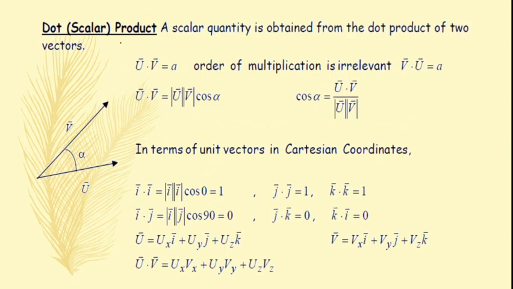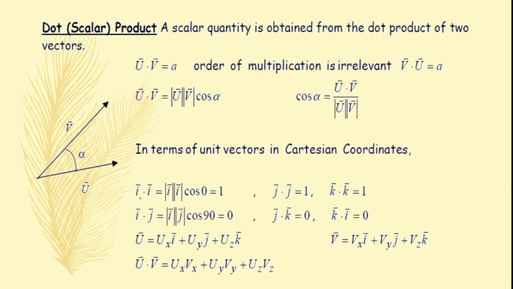Now this thing is written here, that from this dot product a scalar quantity is obtained. Actually, if we take the dot product between two vectors, similar to the previous case, if this one is a u vector and this one is a v vector, and the angle between them is alpha, then we can write that u dot v is equal to mod of u into mod of v into cos alpha, and we can find out the cos alpha in this way.